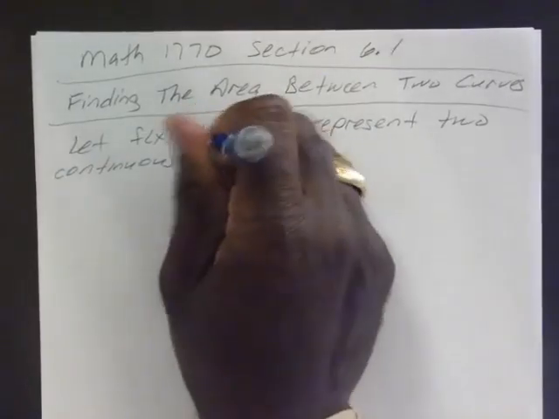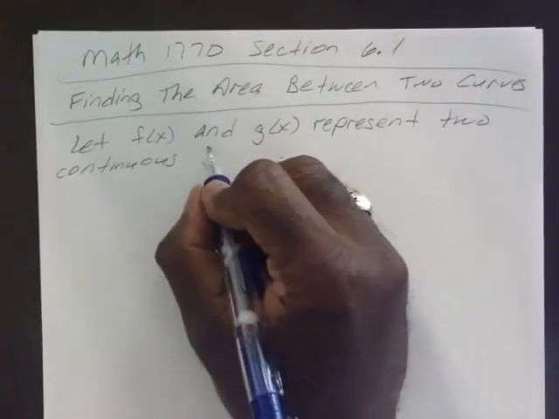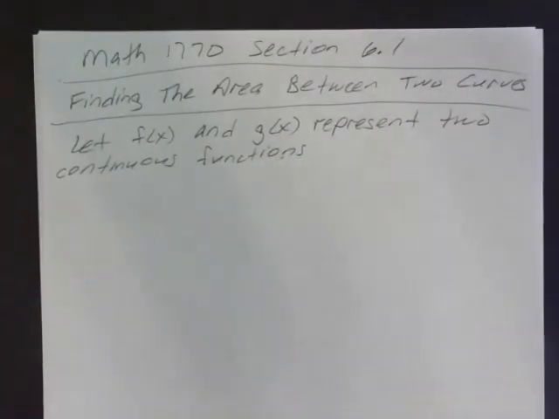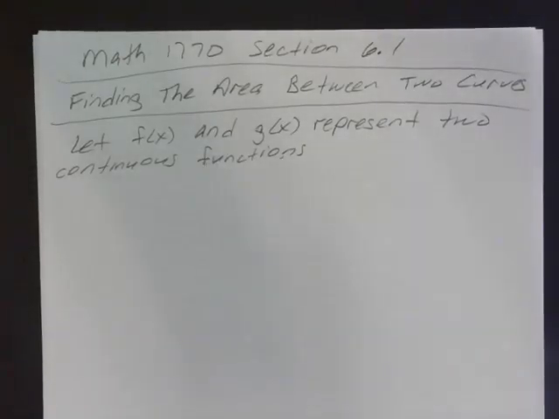That's probably a more accurate description. With those two functions, we know that one is always greater than the other, at least for a certain interval.